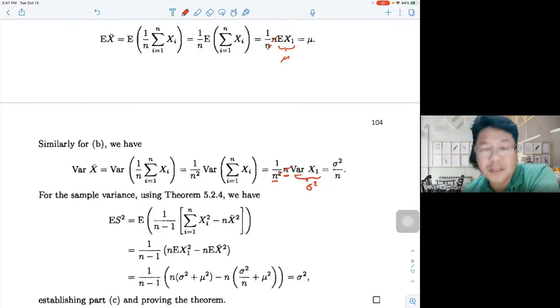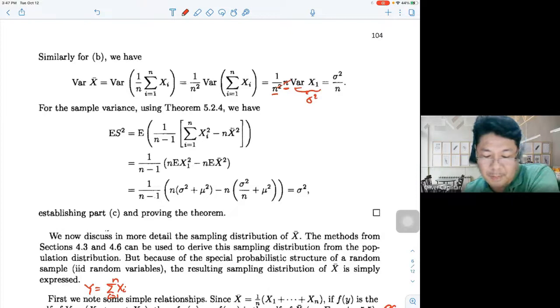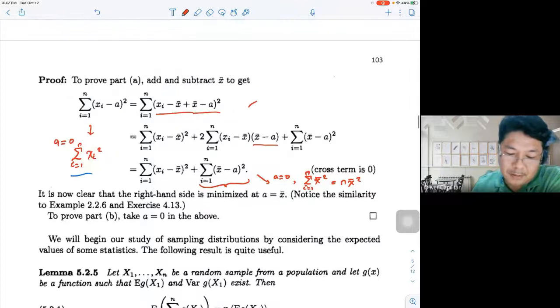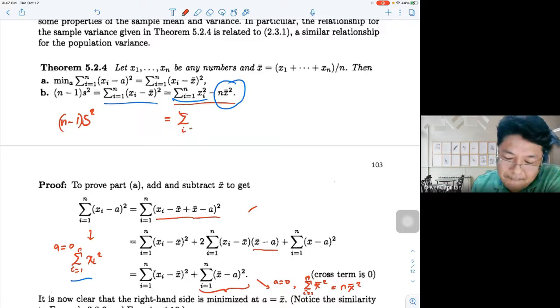So let's proceed to letter C, that the expectation of s squared will be equal to sigma squared. For the first equality here, we just apply the definition for s squared. This part is from theorem 5.2.4. That would be equal to 1 over n minus 1 times the summation of x sub i squared.